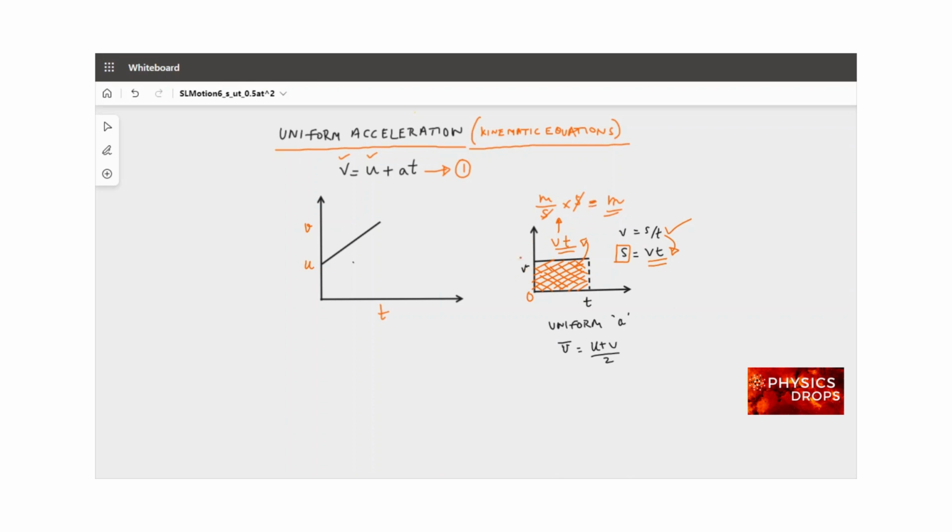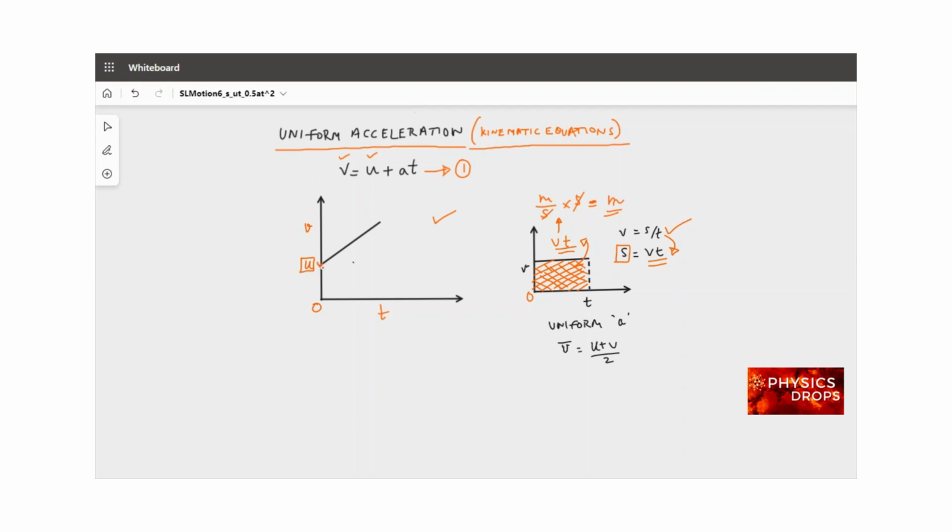Now let us use this to derive a couple more kinematic equations. Let's look at this particular plot. Here at time t equals 0, the object already has an initial velocity u.